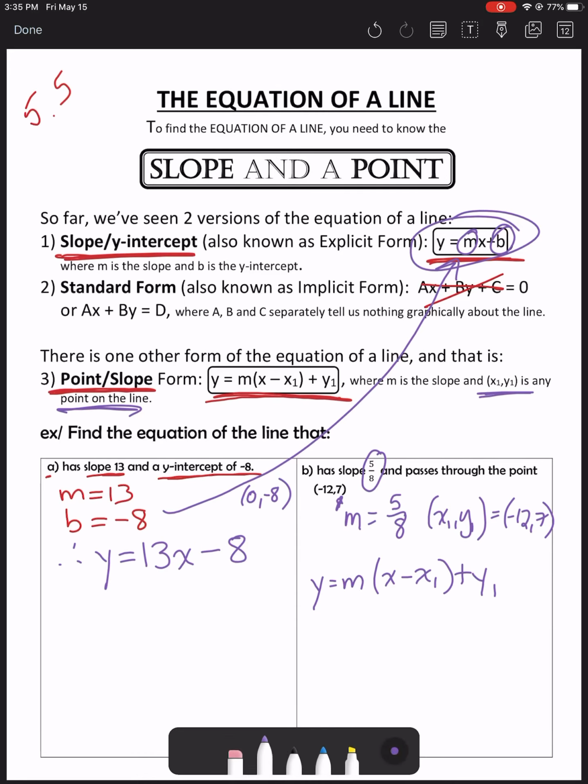So there's the formula. Now y equals 5/8 x minus -12. So minus negative is a plus 12 and then plus 7.